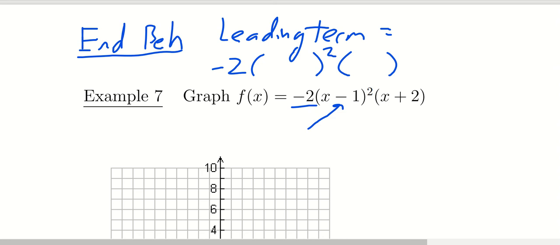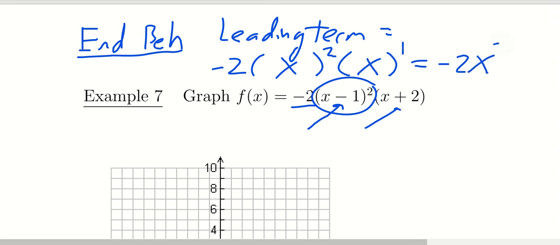The highest power in the first parenthesis is x, so x to the second will be the biggest contribution from this factor, and then the largest power of x in this parenthesis is x to the first power, which itself is being raised to the first power. So if we multiply this all the way out, you would find ultimately that the leading term is going to be negative 2x cubed. Okay? So that's our leading term, negative 2x cubed.